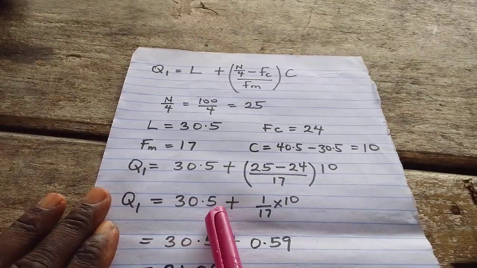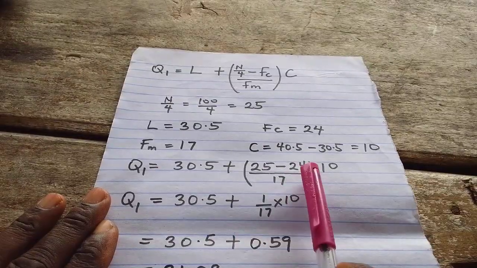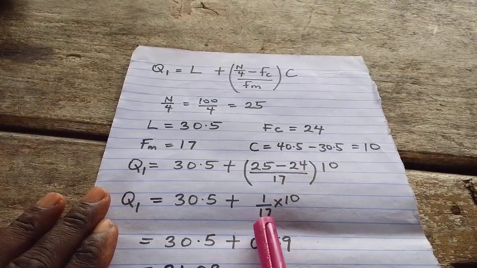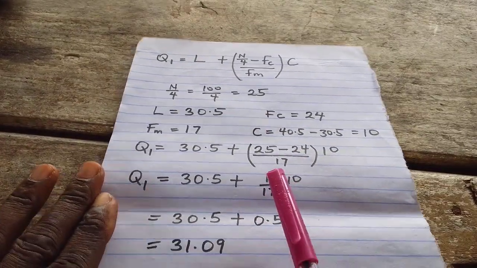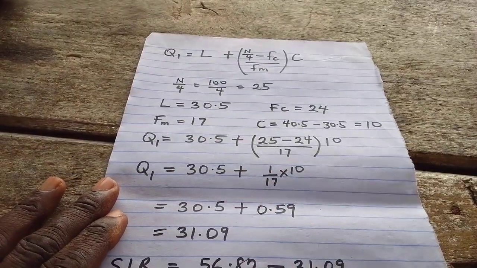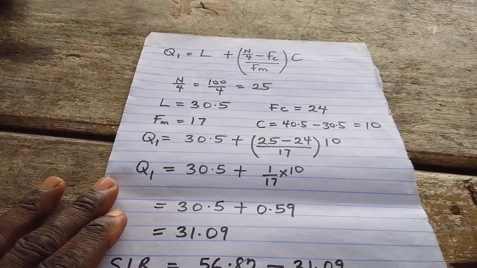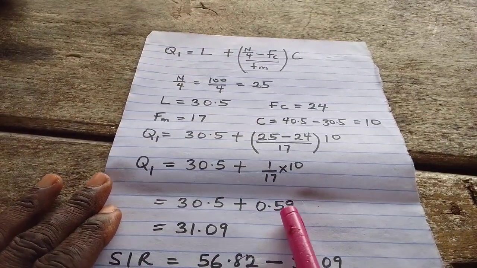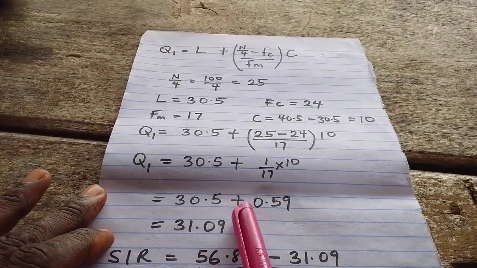So you have 30.5 plus 25 minus 24, which gives us 1 over 17 times 10. 1 divided by 17 times 10 is going to give us 0.59.